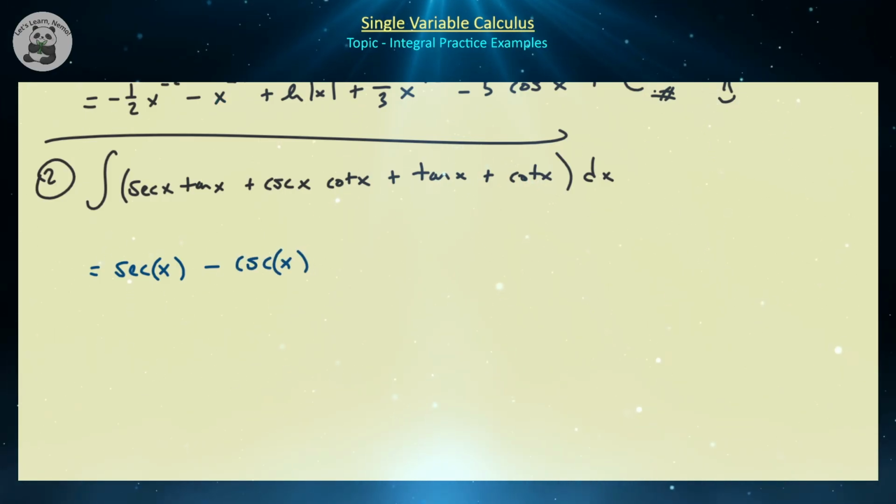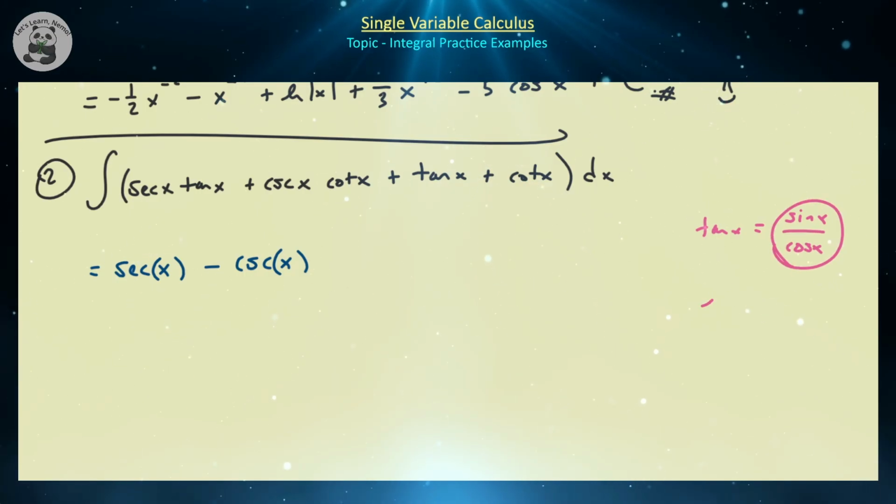Now, the integral of tangent is equal to what? Because, well, the derivative of tangent is secant squared, the derivative of secant is secant tangent. The derivative of a basic trig function is not tangent. But if we write tangent of x as sine of x over cosine of x, what we have here is in some sense the derivative of the natural log of cosine, because the derivative of natural log of cosine is going to be equal to 1 over cosine of x times the derivative of cosine, which is minus sine of x.